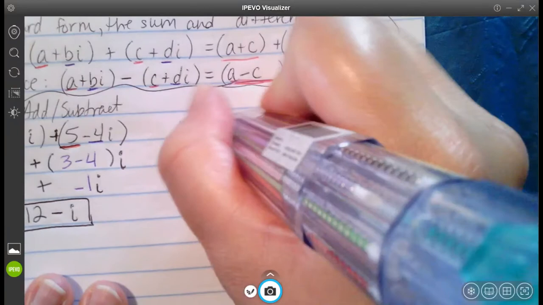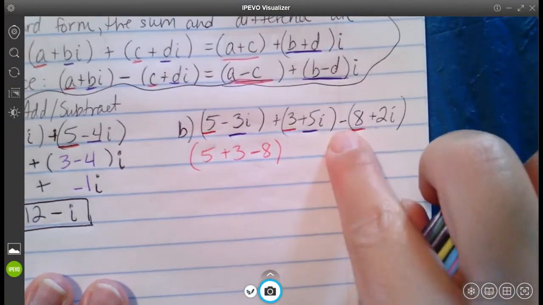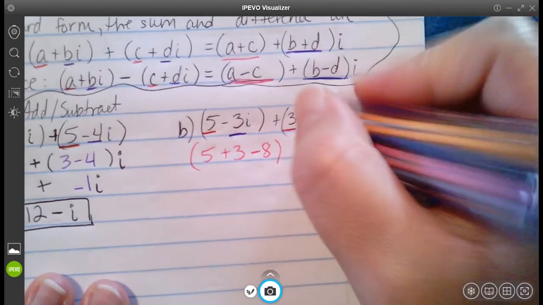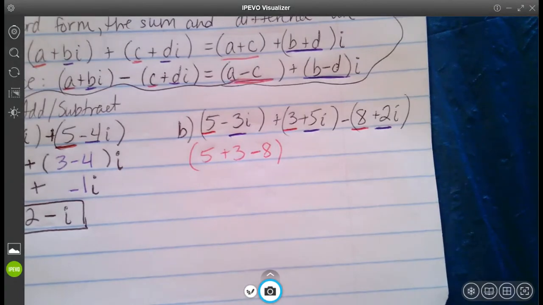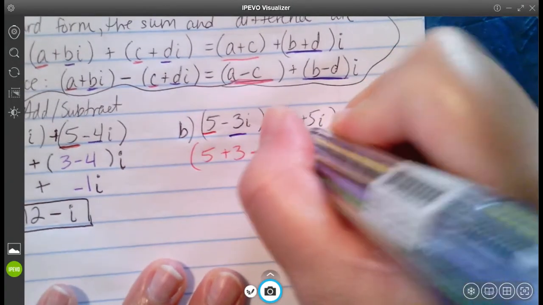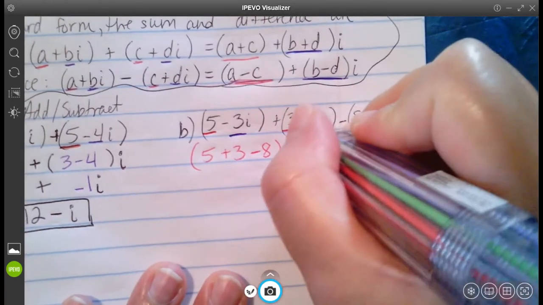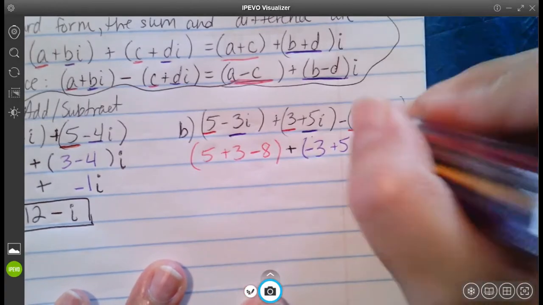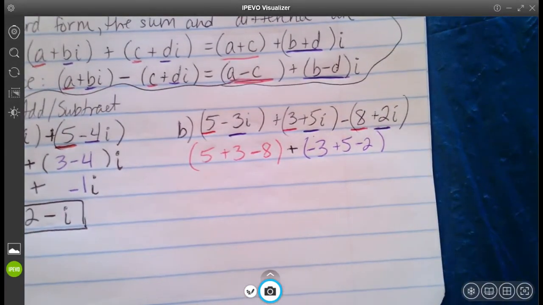We have negative 3 plus 5 minus 2. Plus negative 3 plus 5, that in parentheses, minus 2, and then the i stays on the outside.